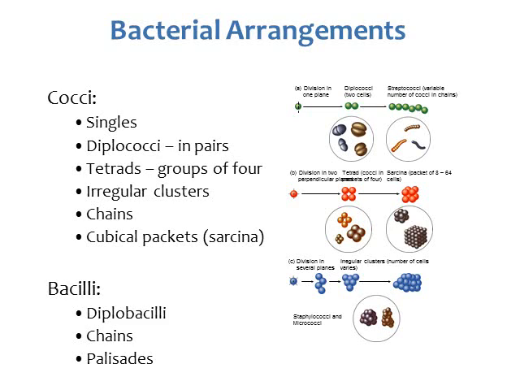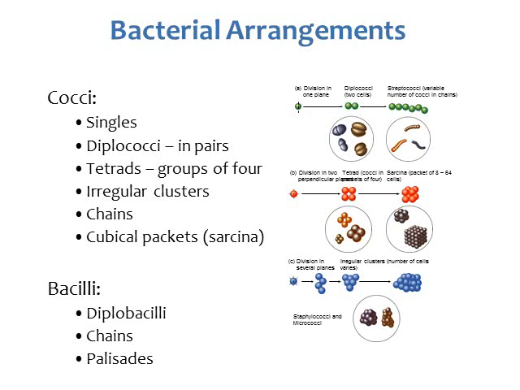If two of them hook together, it's called diplococci. So di is 2, and cocci means that they're the round cells. So with diplococci, you have a pair. If you have 4 of these cocci cells together, it's called a tetrad. So it's a group of 4.